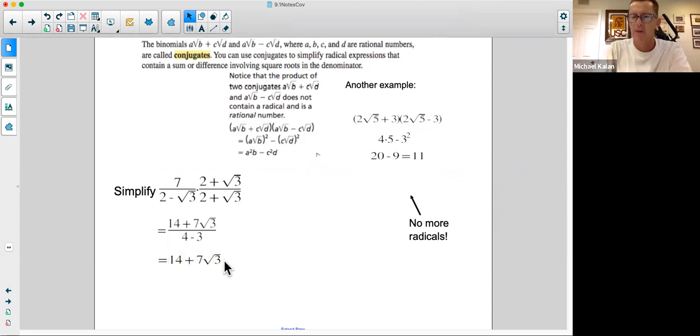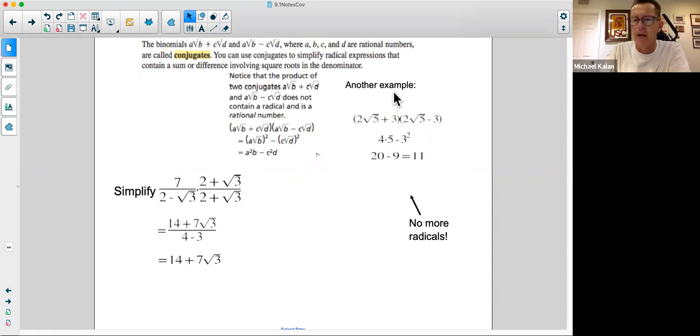Here's another example of multiplying conjugate binomials when you have radicals involved. If I wanted to multiply 2 root 5 plus 3 times its conjugate, that would be multiplying by 2 root 5 minus 3. First terms: 2 root 5 times 2 root 5. 2 times 2 makes 4, root 5 times root 5 makes 5, and 4 times 5 is 20.